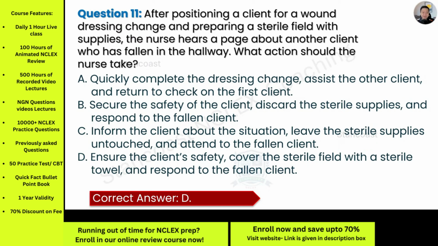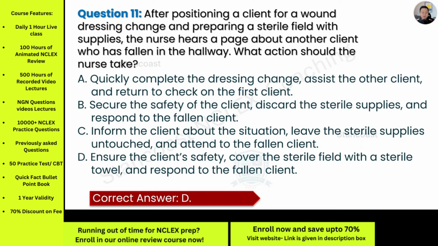Letter B, another incorrect option. While discarding the sterile supplies is necessary, it is going to be much more wasteful of resources in this case scenario. Now, if you select letter C, leaving the sterile field unattended can also increase the risk of contamination.